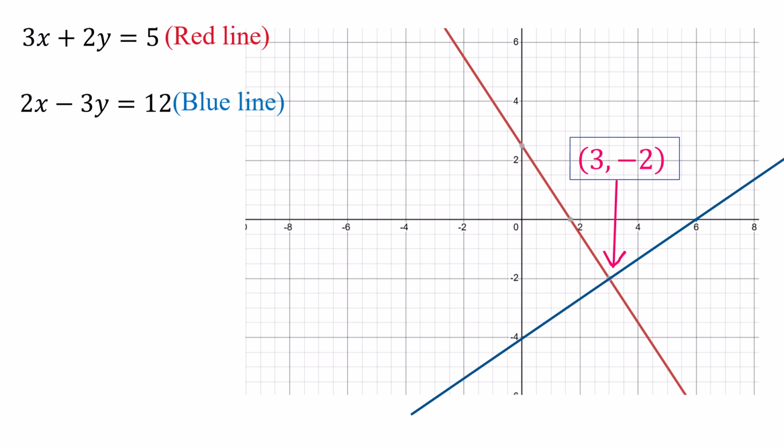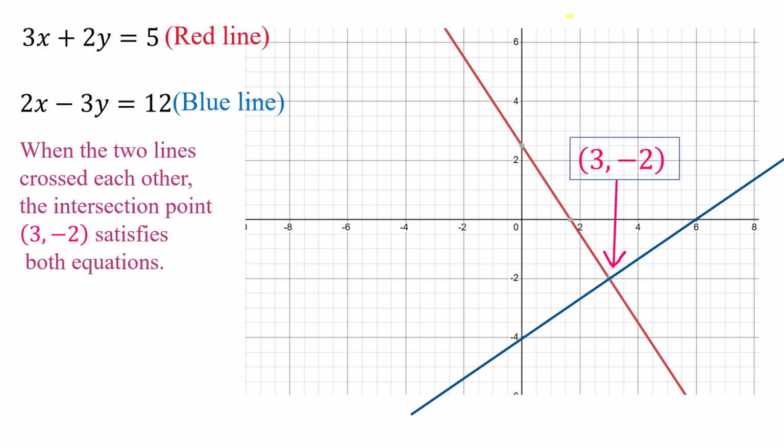What it means is that when I substitute x equals 3 and y equals -2 into the first equation, you'll see that I'll get 5, which is the value on the right-hand side.